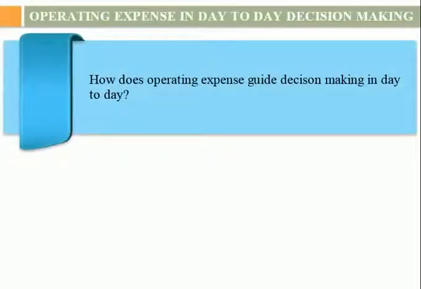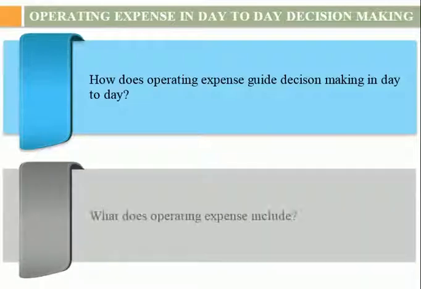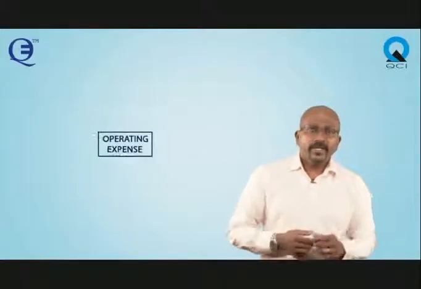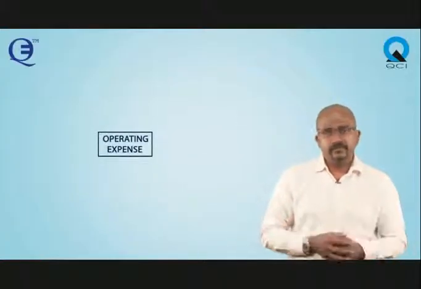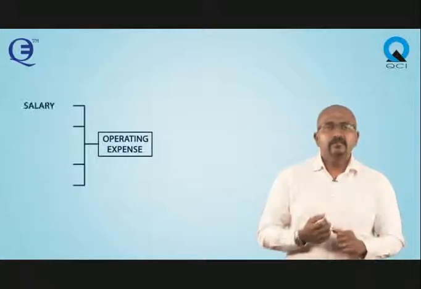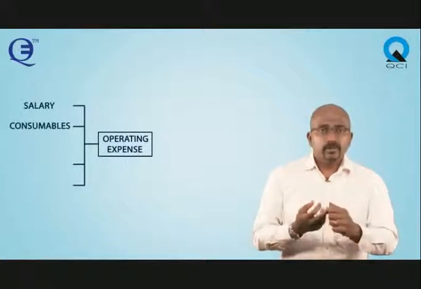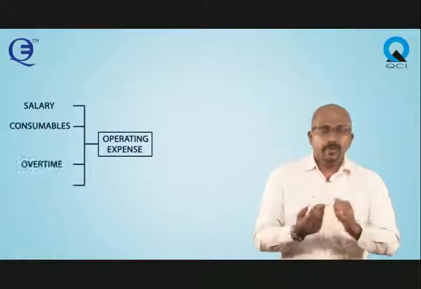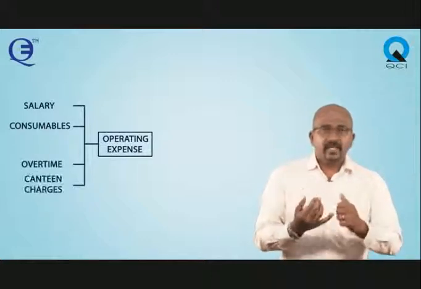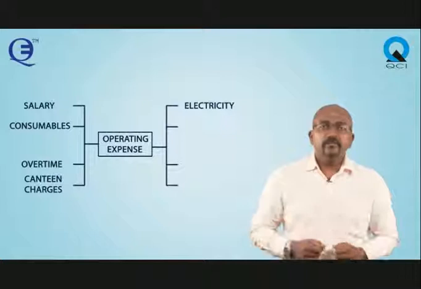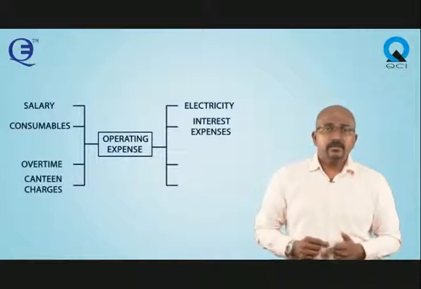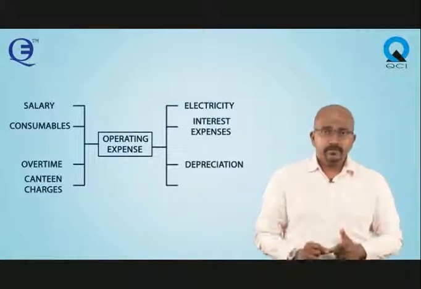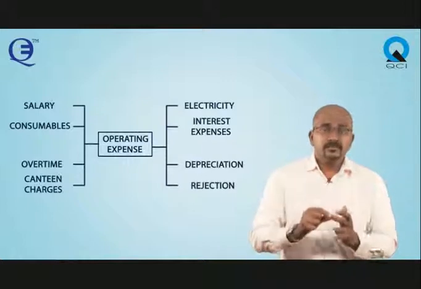How does operating expense guide decision making day to day? What does operating expense include? Operating expense includes everything: salary, consumables, overtime, canteen charges, electricity, interest expenses, depreciation, rejection.